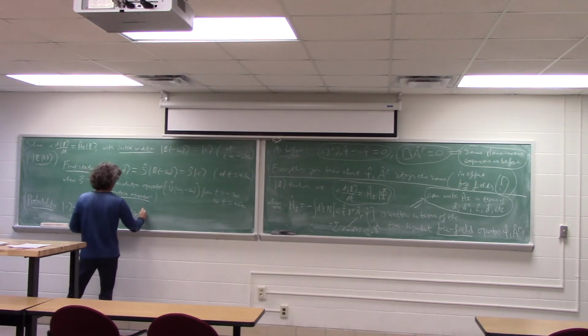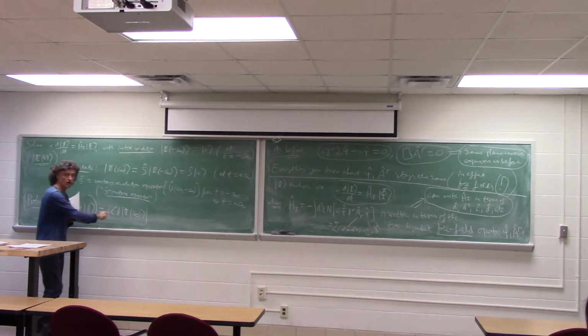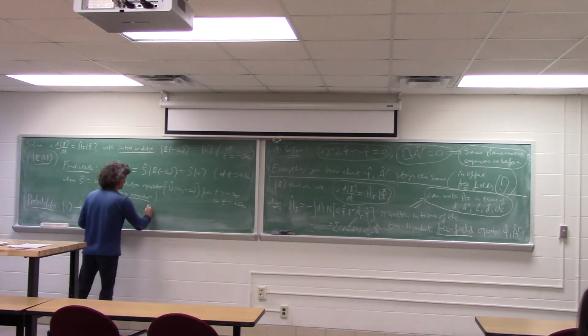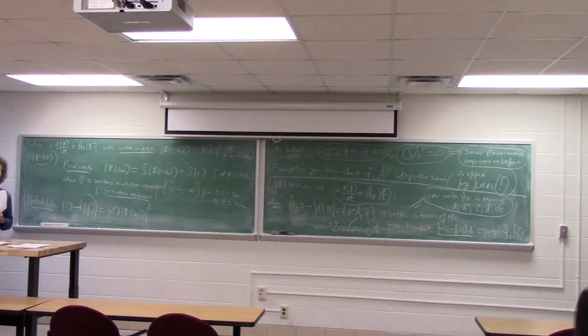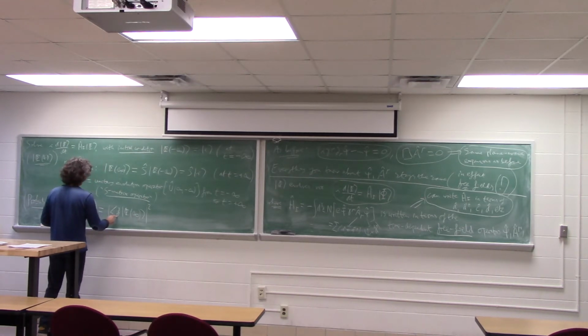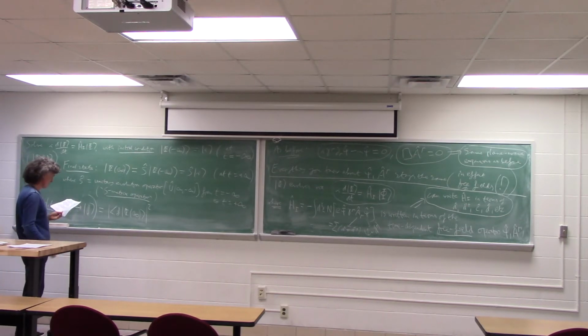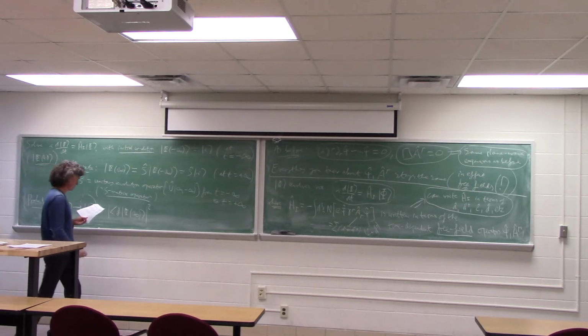So I take the final state at t is plus infinity, take the inner product with F and the modulus squared. So I'm just saying this is the quantum state at large times. What is the inner product of that state with this state that I'm interested in? This is the probability of making a transition from the initial to the final state.